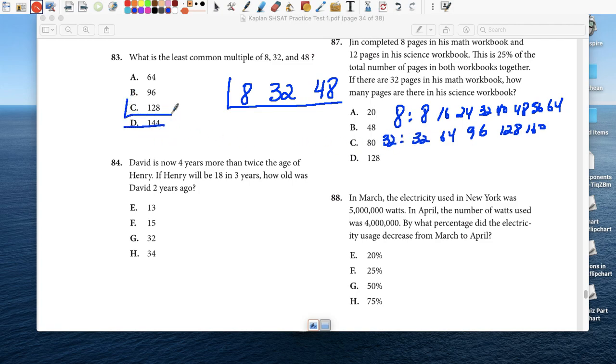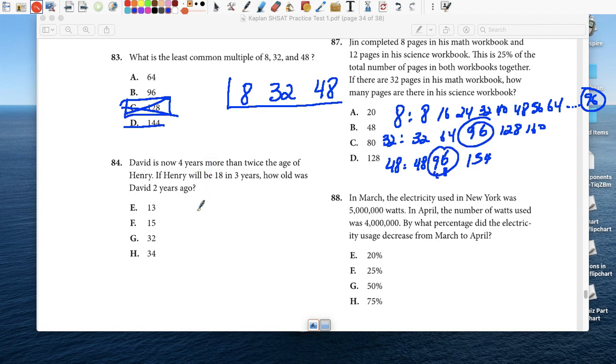So it's going to be 128, and then let's confirm with 48. 48 times 2 is 96, plus 48 is 144. So now we know it's not 128, it's 96. 8 times 12 is 96, so the answer was 96.